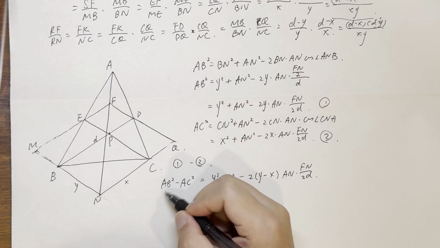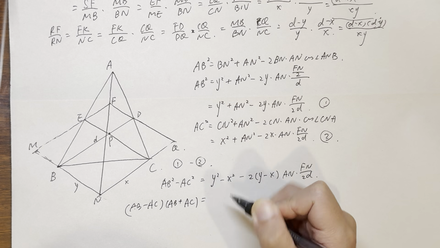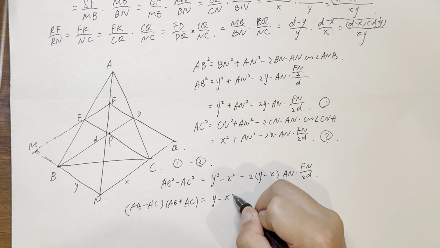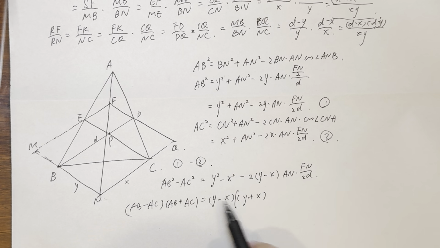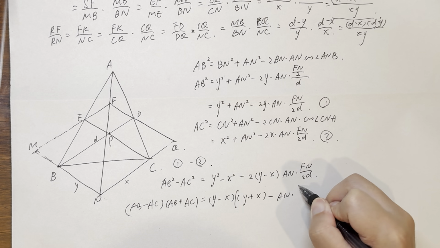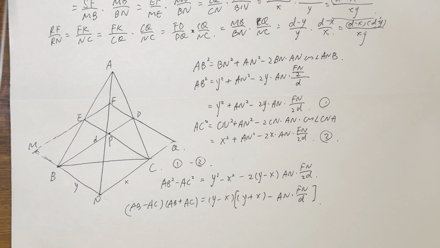So AB minus AC times AB plus AC equals (y minus x)(y plus x), minus (y minus x) AN FN over D, right?